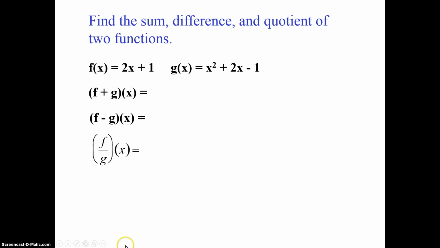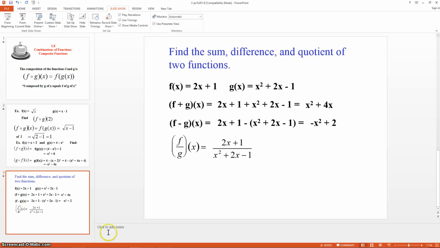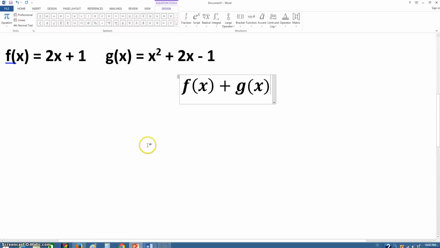So let's go ahead and just start in a new document for this one so you can see what I mean. So I've written down the f of x and g of x functions, and I've rewritten the sum. Basically, what you've seen on the left-hand side from the PowerPoint can be rewritten as this. So basically what happens is you take your f function, you take your g function, and the sum is you add them together.